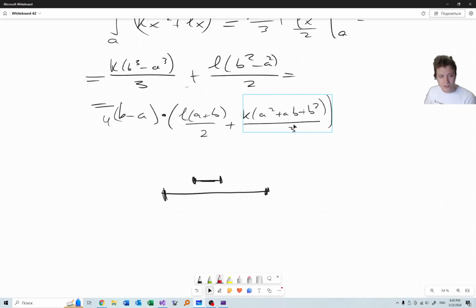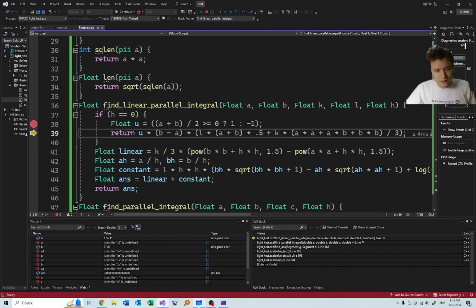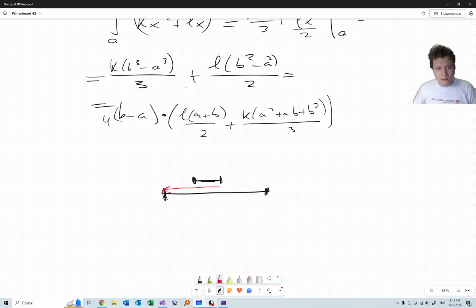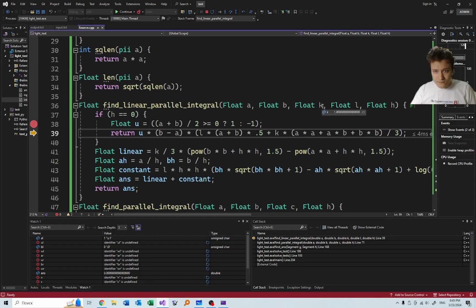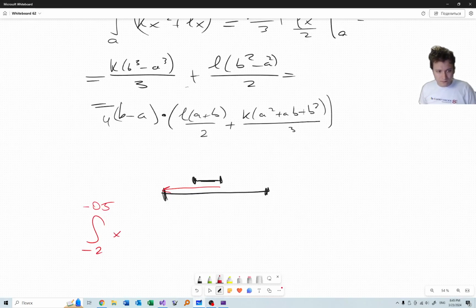So let's start with -2. We are integrating from -2 to -0.5 the function x plus 2 times the absolute value of x, which is minus x.